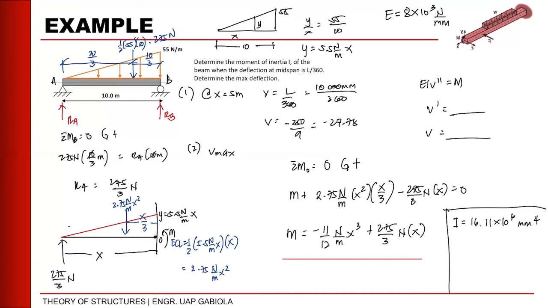And the value of the deflection at center and maximum will be negative 27.834 mm.